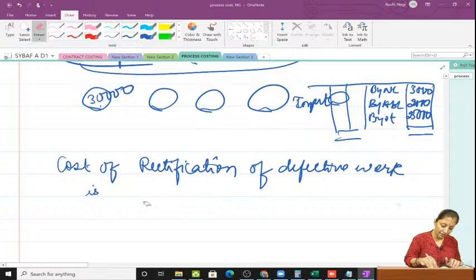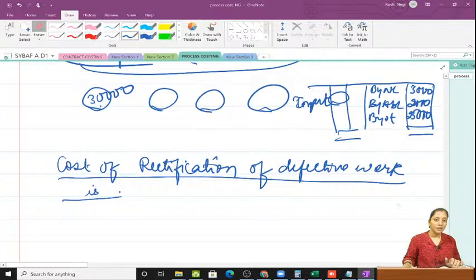Where will you reflect this cost of rectification of defective work in contract account? Which side will it come? Cost of rectification of defective work in contract account, which side will it come? Anyone? Which side will it come in contract account? Cost of rectification of defective work.